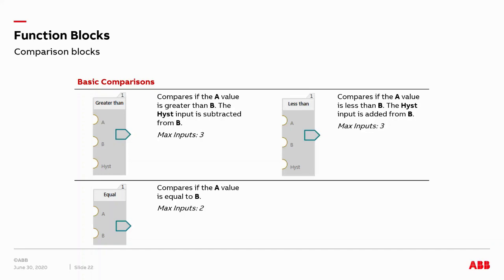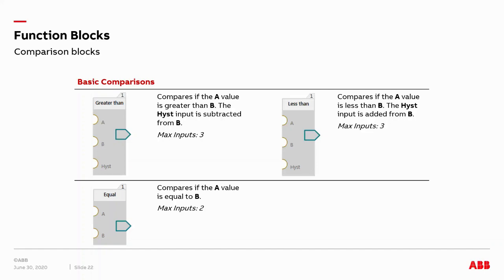So if I say A is equal to 5, and B is equal to 3, and my hysteresis is 2, essentially my math would be saying 5 is greater than 3 minus 2, which equals 1 at that point. So I would have a true output.